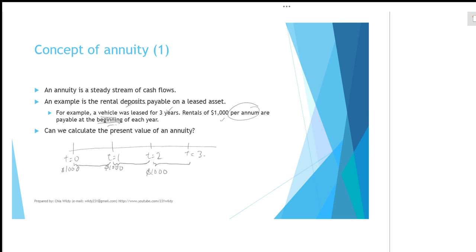Now, you notice that this 1,000 here is present value because it is at T0. T0 is today, right? Anything today is present value. However, those that are occurring much later on, a year later and 2 years later, these are future values.